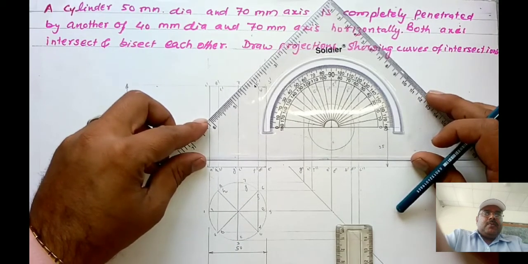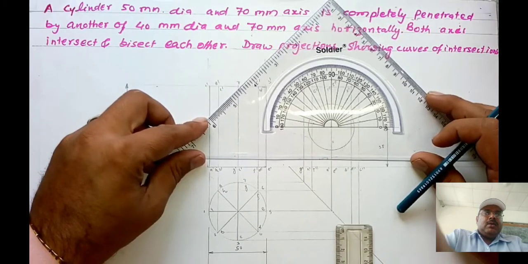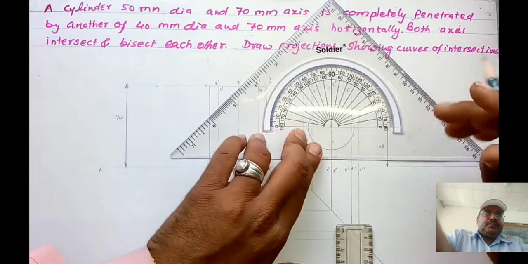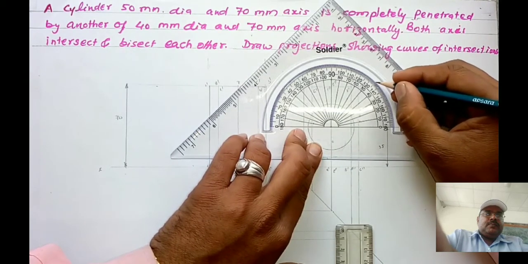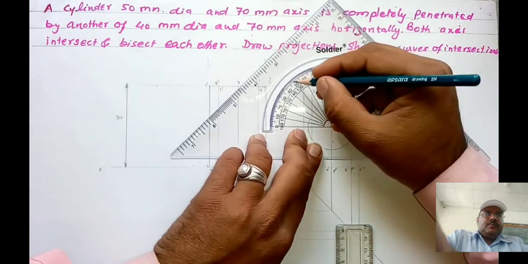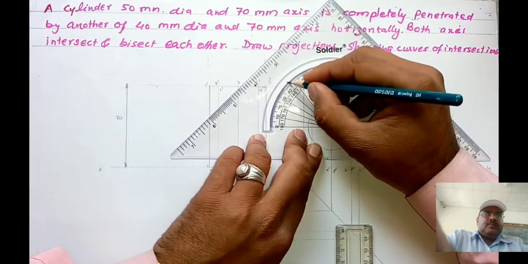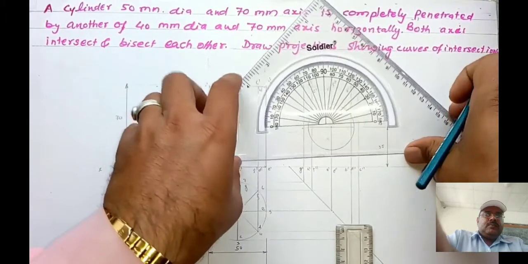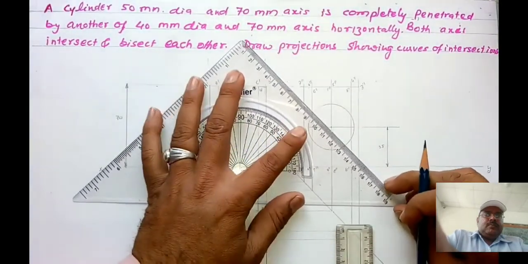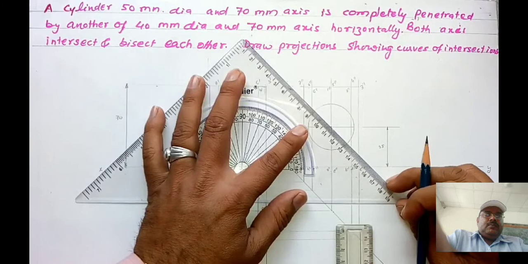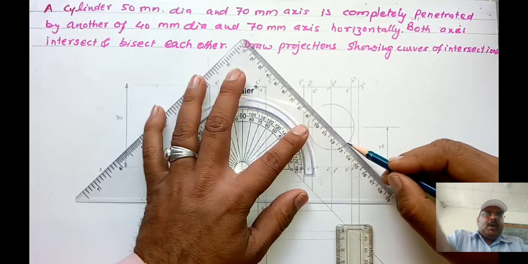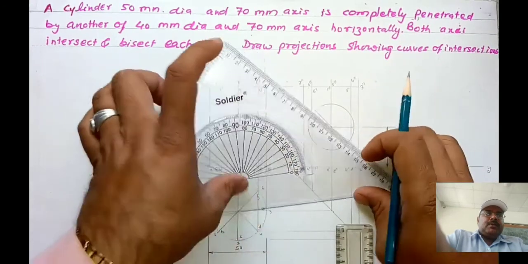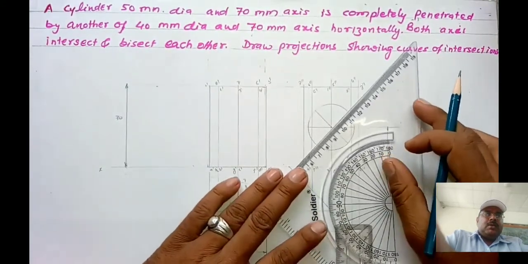Take a 45 degree angle on both sides. Join these points and make 8 equal parts of this circle.